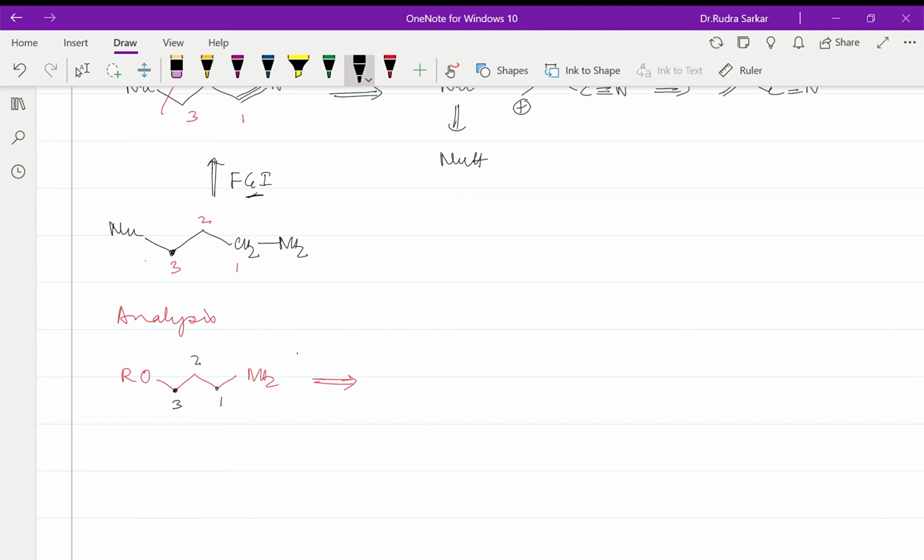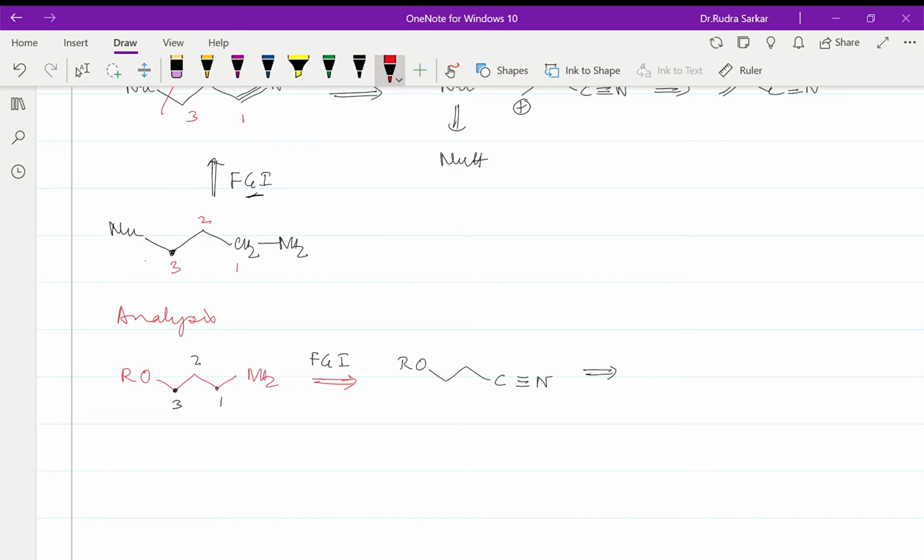So this is where we have to do the FGI, which will convert the molecule to this type of molecule. So we have done FGI to convert the CH2NH2 into C triple bond N, that is a cyano group.